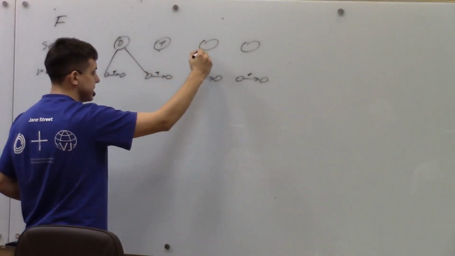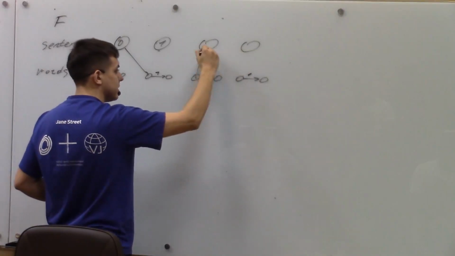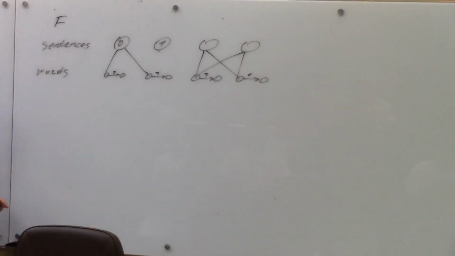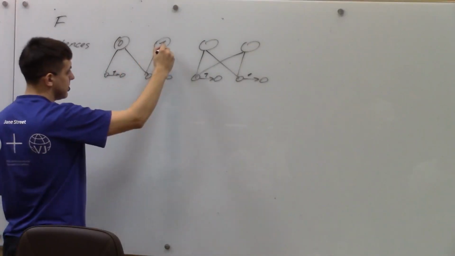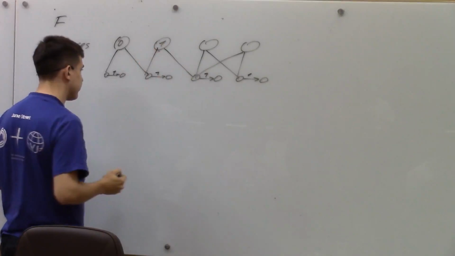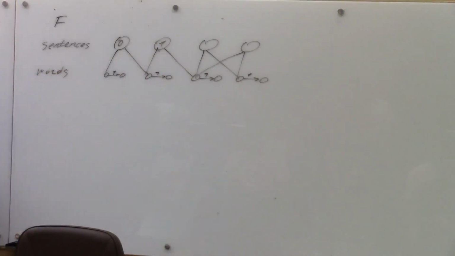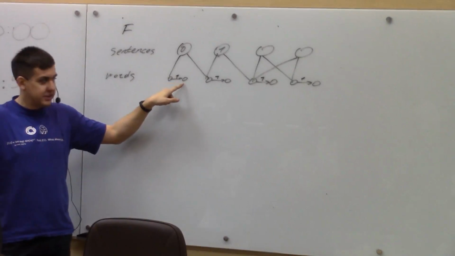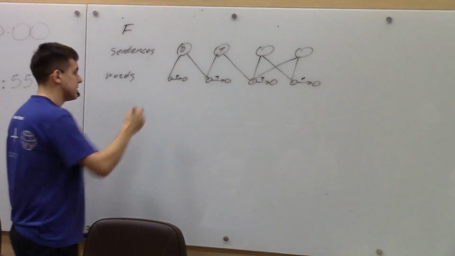We have some words in this sentence, and so on. As always, we'll direct incoming edges into the first copy of the vertex and direct outgoing edges out of the second copy. So we do it like this.